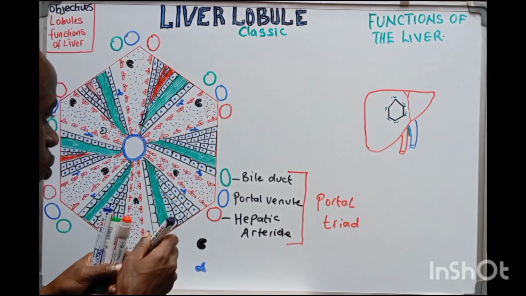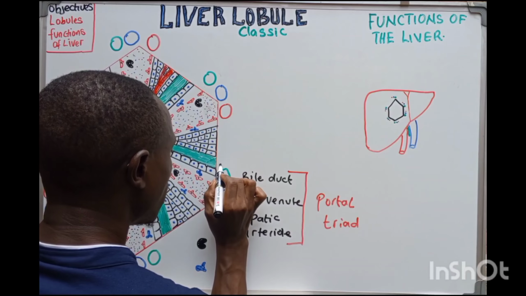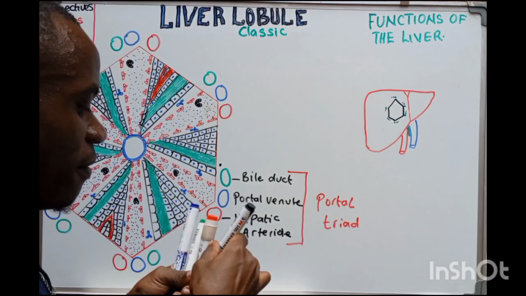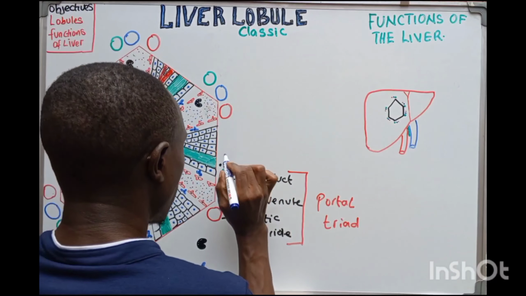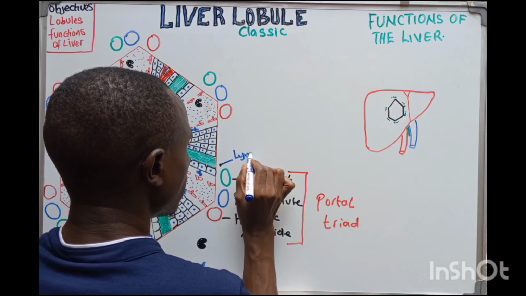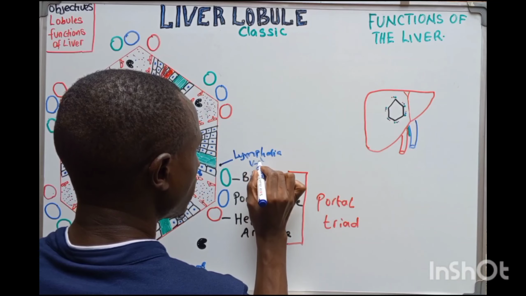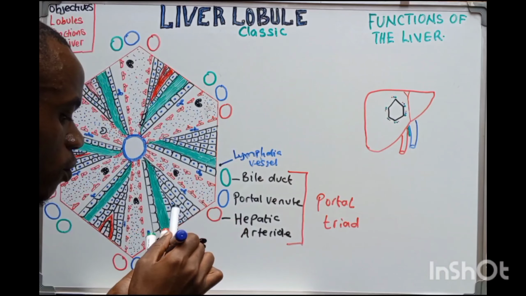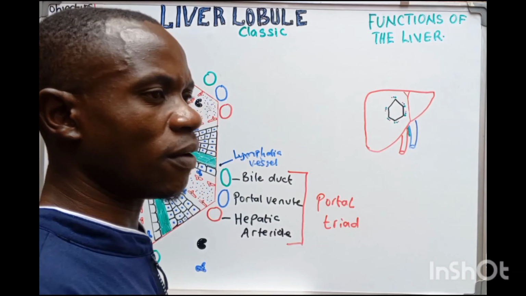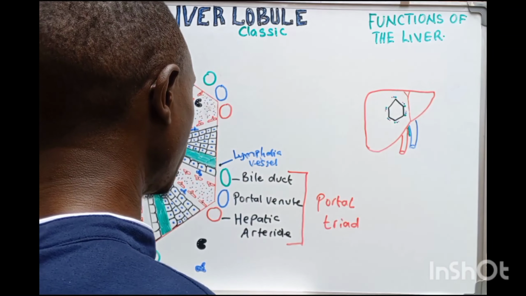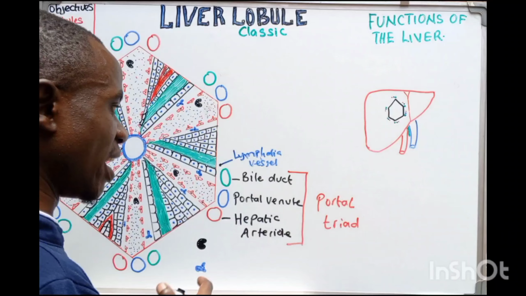We also have some other structures, for example the lymphatic vessels, which are going to be draining excess extracellular fluid into what we call the celiac lymph nodes.